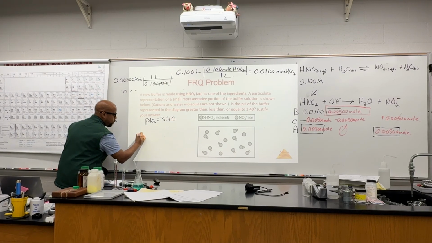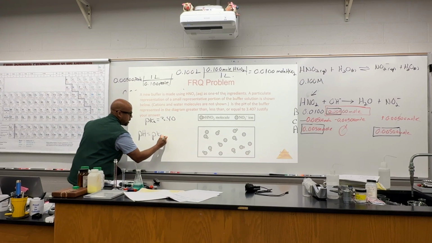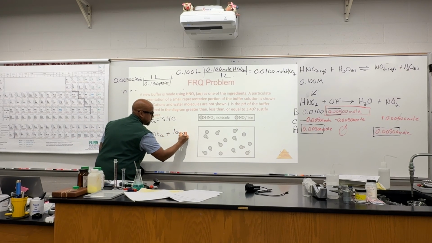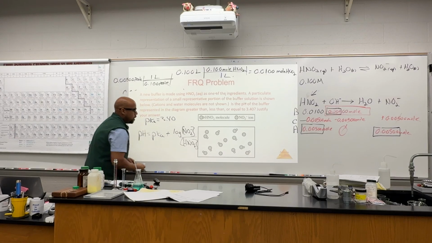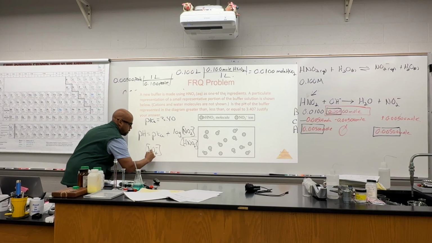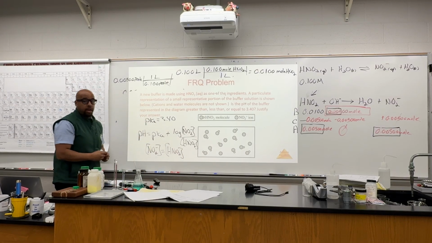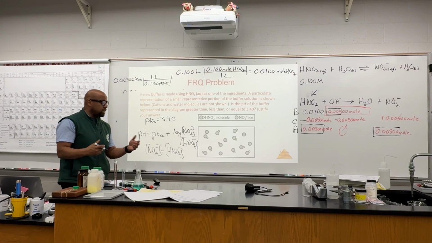And remember, we said in order for that to take place, the pH equals the pKa plus the log, in this case, of the concentration of NO2 minus over the concentration of HNO2. We said that if these two things were equal to each other, and only if they're equal to each other, can this be true? So they're asking, is it going to be greater or is it going to be less in this case?